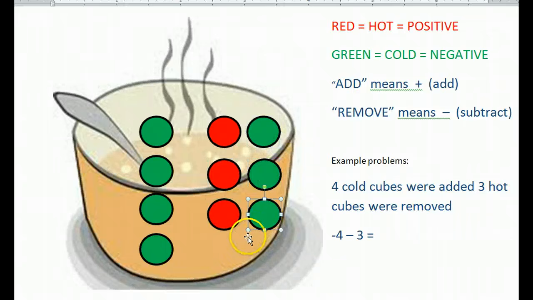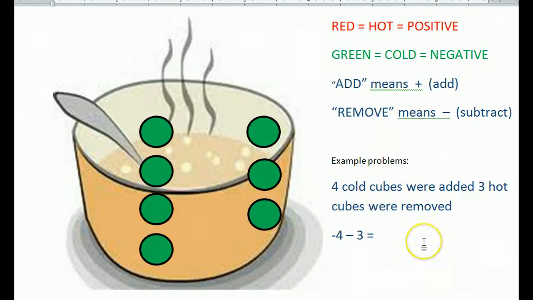Okay, so what I'm looking at right now is 4 cold cubes, so negative 4, and 3 hot cubes that are canceled out by 3 cold cubes. So these all make 0. Now I can remove 3 hot cubes. So I'll take these reds out of here. 1, 2, 3. My answer is negative 7. So negative 4 minus 3 is negative 7.